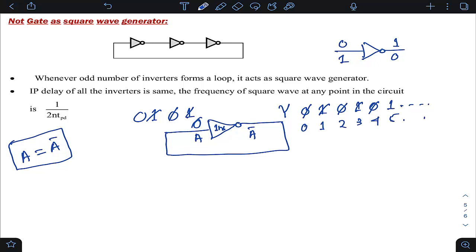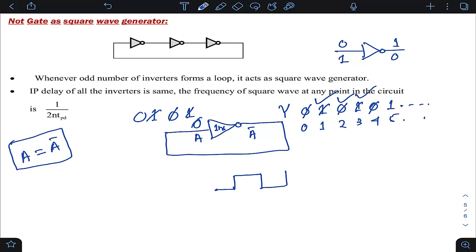So if I ask you to draw the waveform, initially at t equal to 0 it is 0, then at 1 nanosecond it is 1, and it continues as 1. Then at 2 nanosecond it changes to 0, and this 0 continues. Then at 3 nanosecond it is again 1.